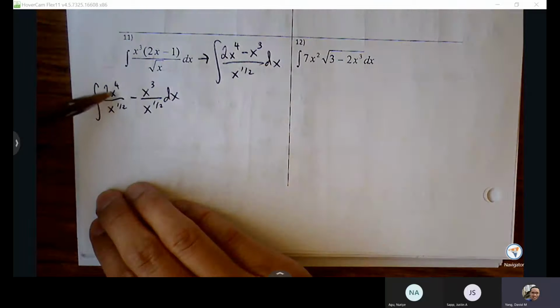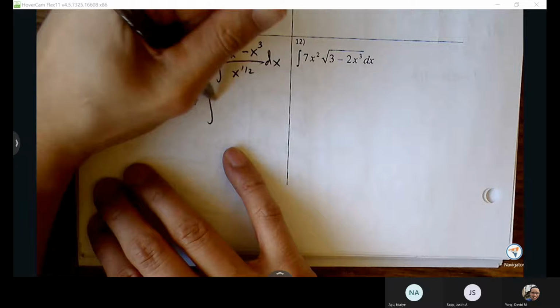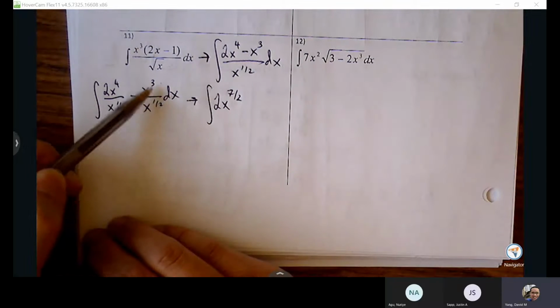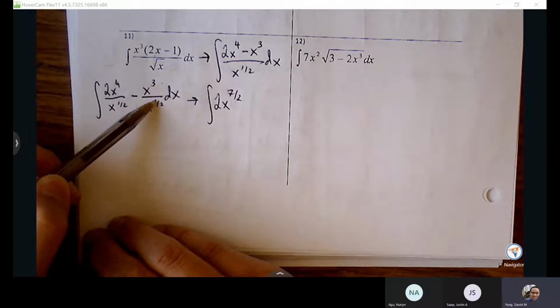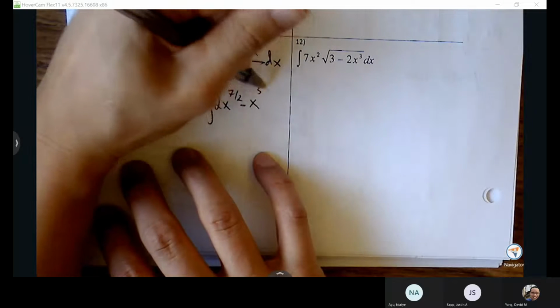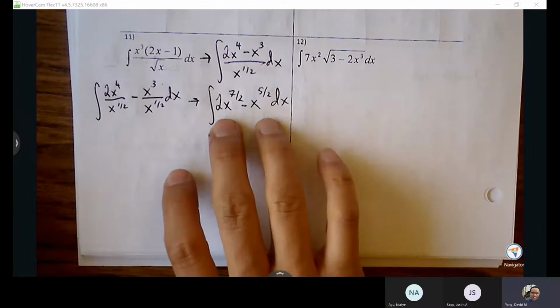Okay, in order to combine bases, if I'm dividing variables, I can simply subtract the exponents. 4 minus 1/2, same thing as 8/2 minus 1/2. So that's 7/2. Three minus 1/2, that's the same thing as 6/2 minus 1/2, which is 5/2. And now we're ready for power rule, right? Nice and clean.